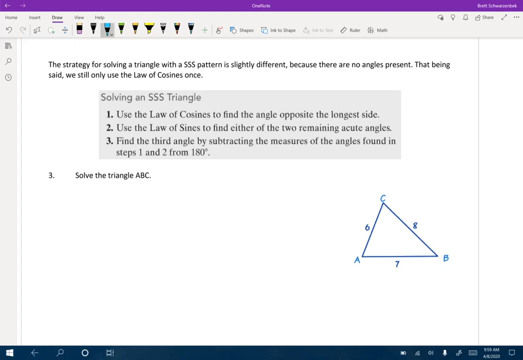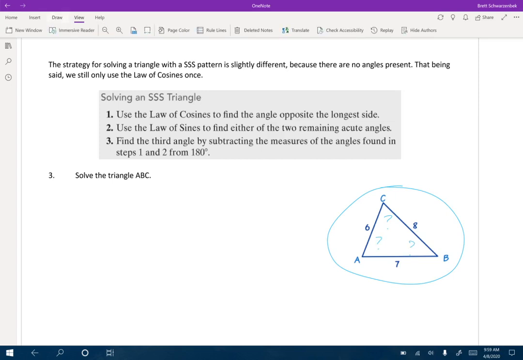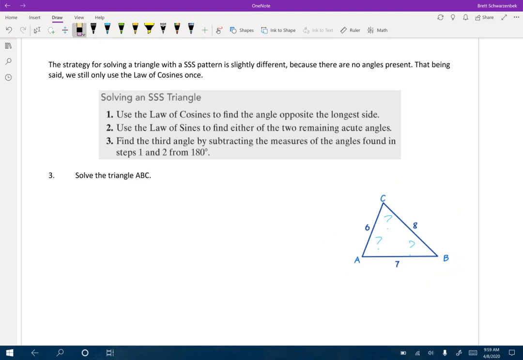Okay, so what about side, side, side? What if you were given an oblique triangle and all the sides were given, but none of the angles? Well, it turns out that we can also use the law of cosines in order to determine the missing pieces of the triangle.